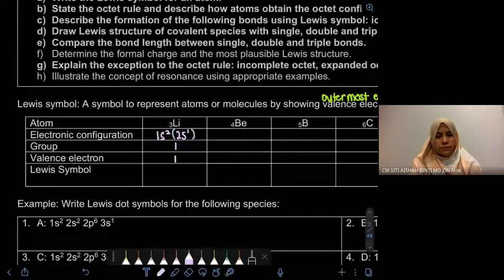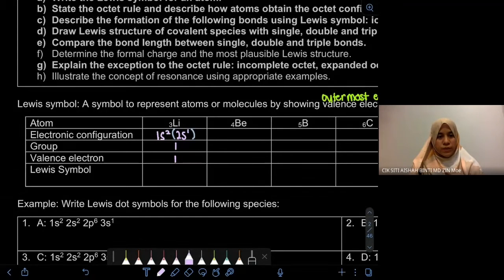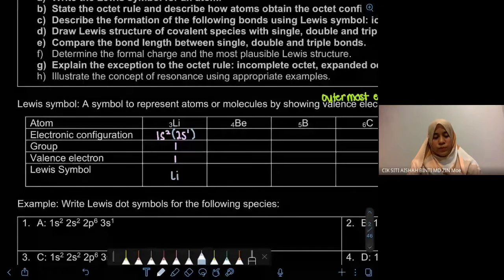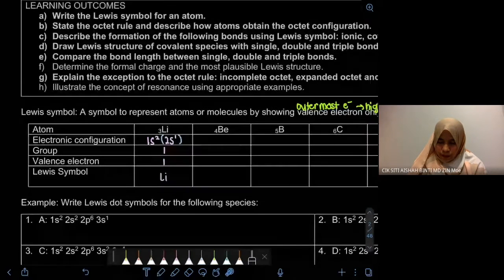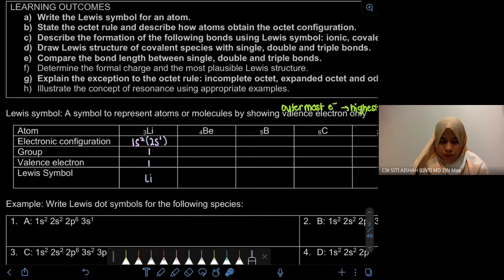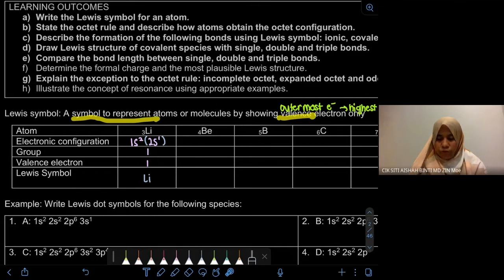Okay. Next is actually our Lewis symbol. So how to draw our Lewis symbol? So to draw our Lewis symbol, first kena tahu symbol of the atom. So symbol untuk lithium memang Li. So Miss buatlah Li dekat sini. Okay. Lepas tu Lewis symbol is actually a symbol to represent atom by showing valence electron only.